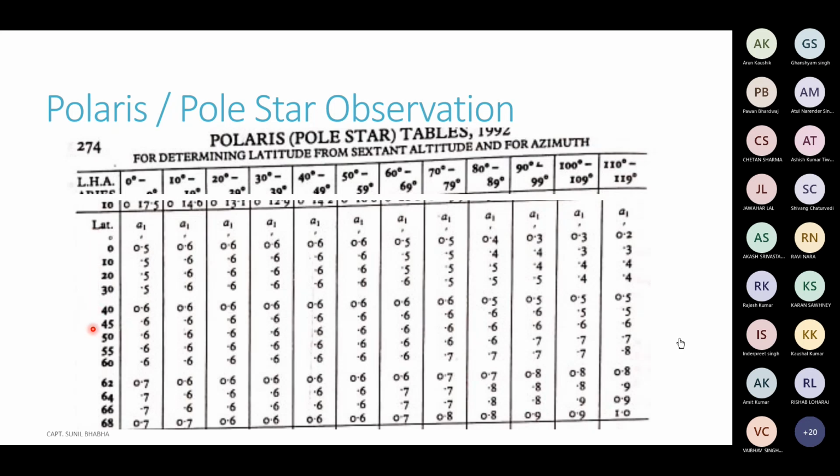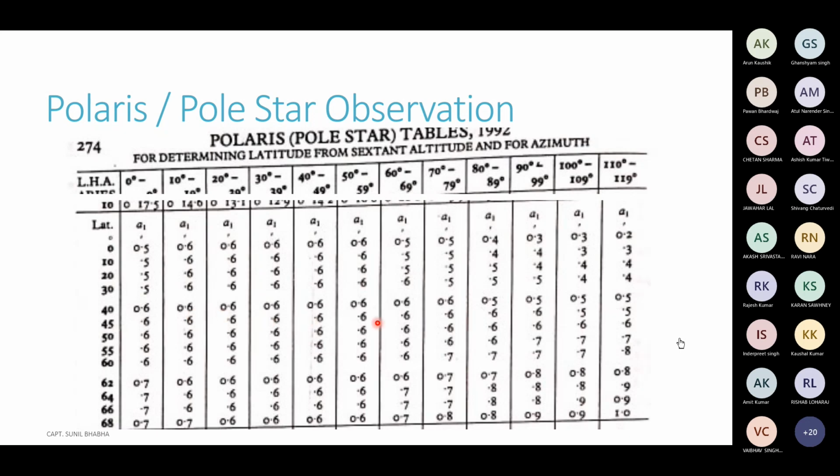So you have the latitude mentioned on the vertical axis on the left hand side. And you enter into the same column which you entered in the top part, basis the LHA of Aries. In that same column, you come down to the second part, and against the latitude, you can see the A1 correction. So there is no interpolation in this part of the table.